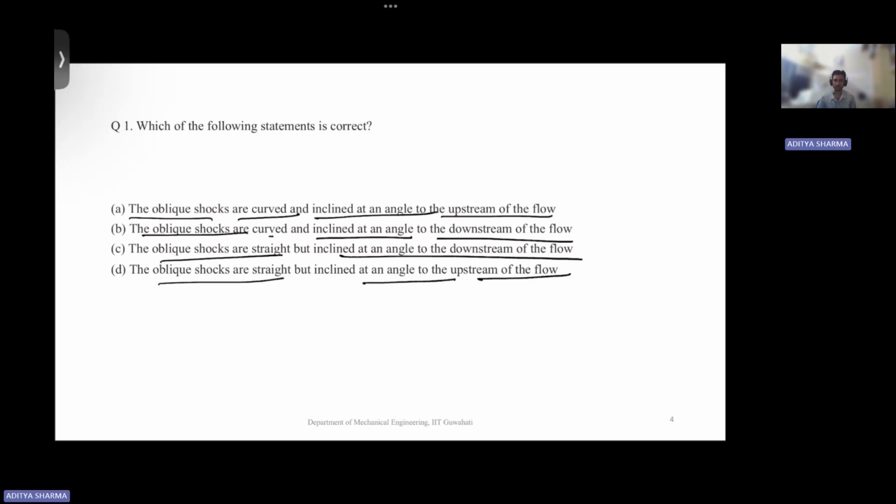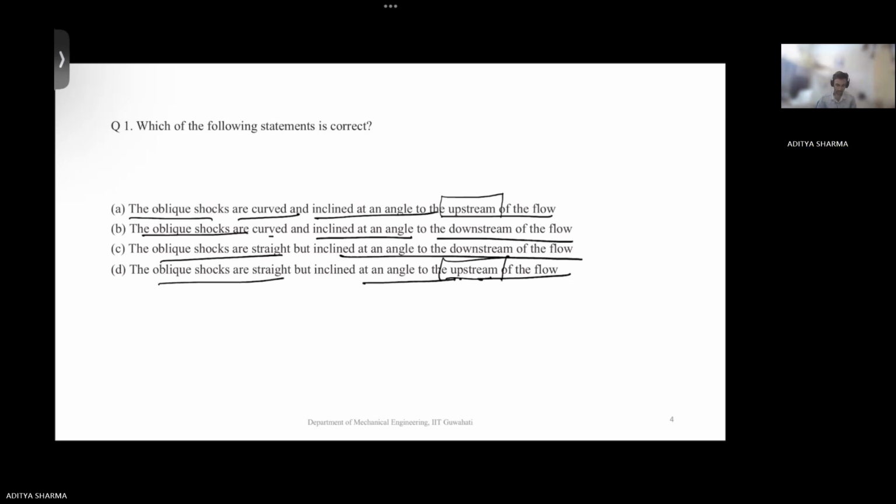So first of all, oblique shocks are at an angle to the upstream of the flow. So out of four options, first option and fourth option has upstream.